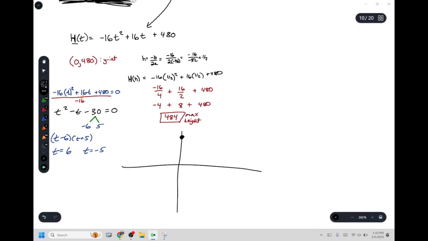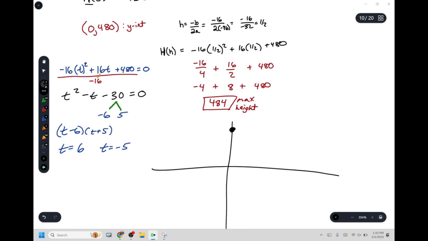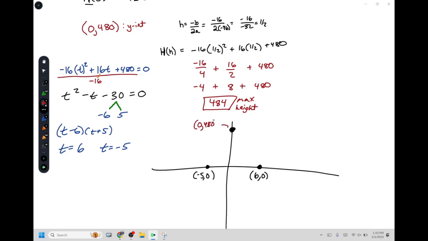We're in the middle of a graphing problem. So we got negative 5, 0, right? 6, 0, right? What is the y-intercept here? 0, 480. What is the max height, and where does it occur? And it occurs at 1/2.